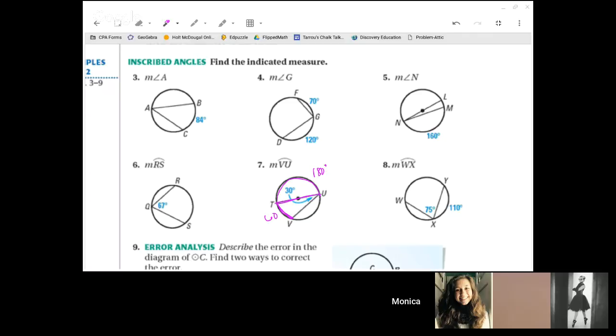So then if we know this much of the outside of the circle, how do we figure out the rest? Yep.